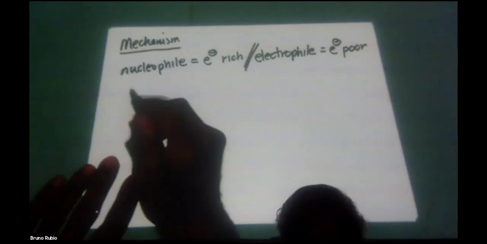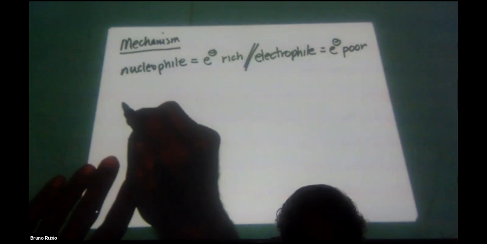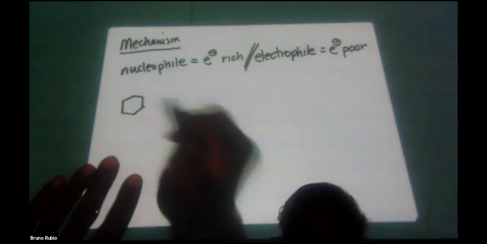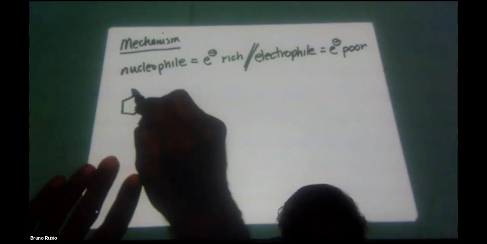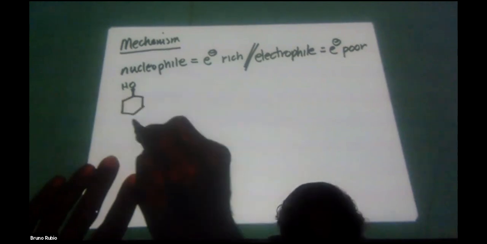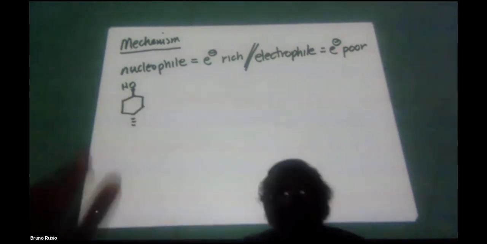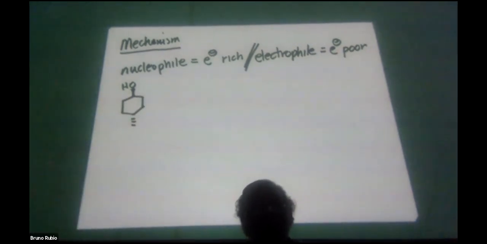So maybe something like this, a wedge, OH, dash dash dash. Okay, I didn't make it a chirality center, but that's good enough.